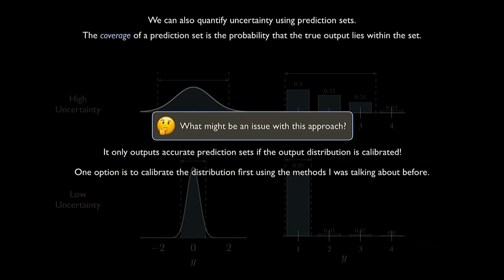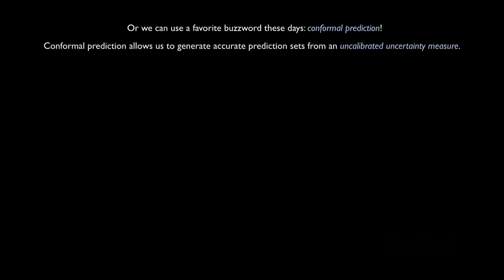So one thing we could do is use all the methods I talked about to calibrate this distribution first, or we could take everyone's famous buzzword these days and apply something called conformal prediction, which is everyone's favorite. Conformal prediction basically allows us to generate accurate prediction sets even using an uncalibrated uncertainty measure. So I think that's why it's so popular, because we can generate these prediction sets without having to do that calibration step that I talked about, which is kind of cool.